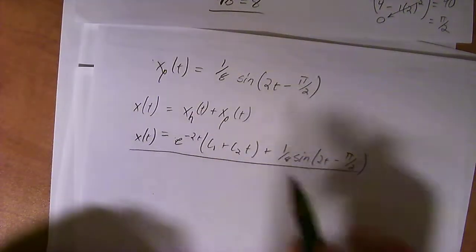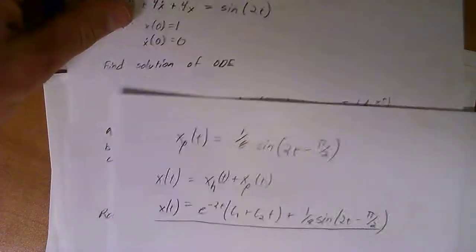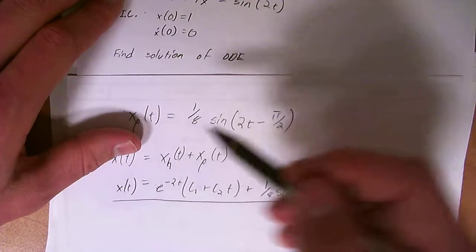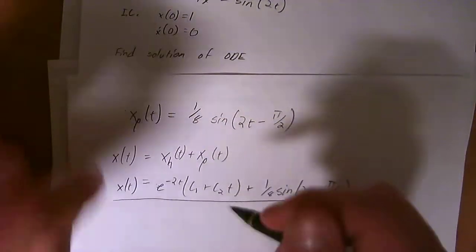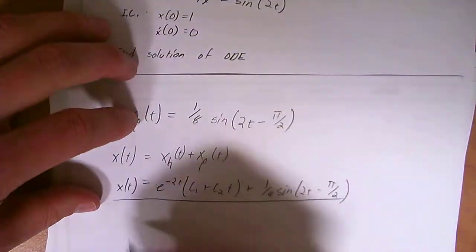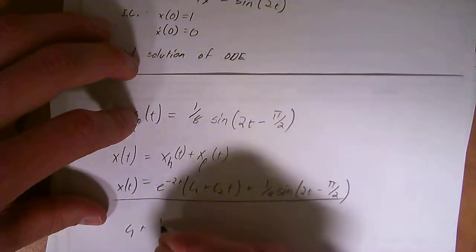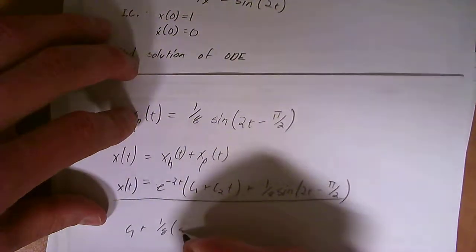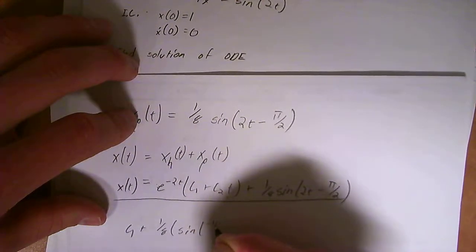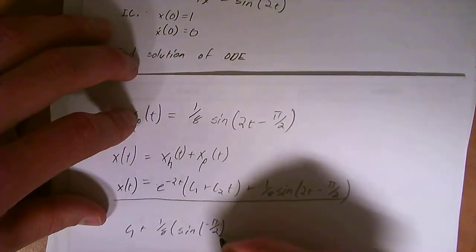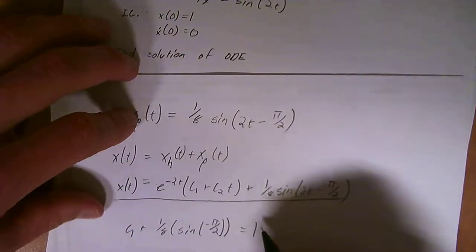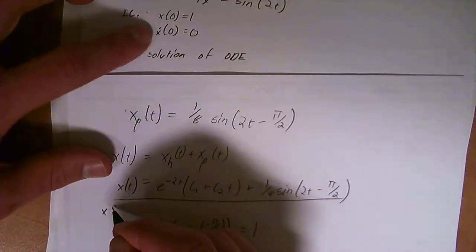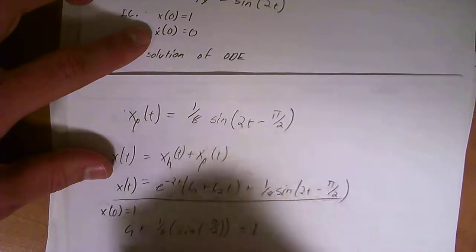We were given initial conditions. Here, let me move this up a little more. The initial conditions of x1 and x2. So we just solve for C1 and C2 using those initial conditions. So we've got C1 plus 1/8 of sine of negative pi over 2 is equal to 1, so x of 0 equal to 1.